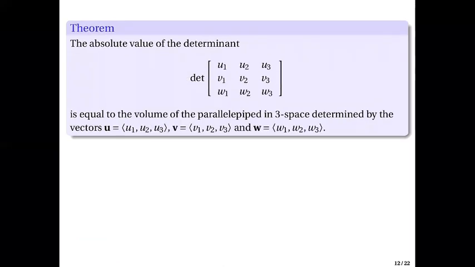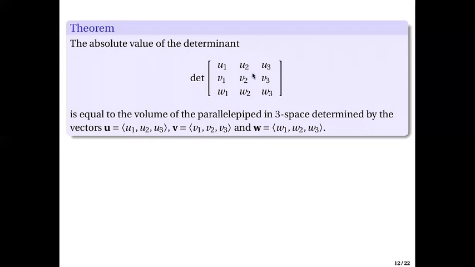Now, let us look at this. The absolute value of the determinant given by this, the determinant of U1, U2, U3, V1, V2, V3, W1, W2, W3, is equal to the volume of the parallelepiped in three-space determined by the vectors U, V, and W. This is your scalar triple product.